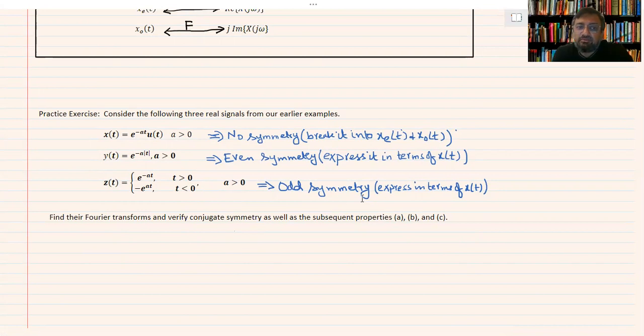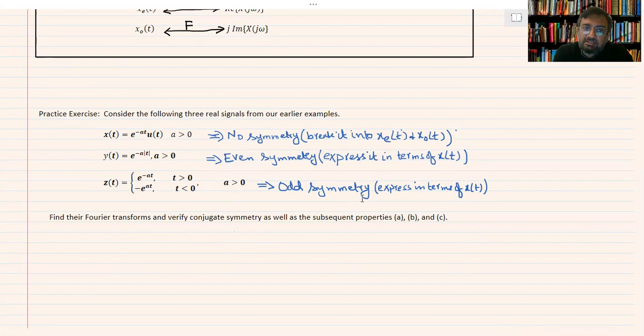When we compute the Fourier transform of y(t), we will notice that it is 2 times the real part of the Fourier transform of x(t). And similarly, the Fourier transform of z(t) will be j times 2 times the imaginary part of the Fourier transform of x(t).